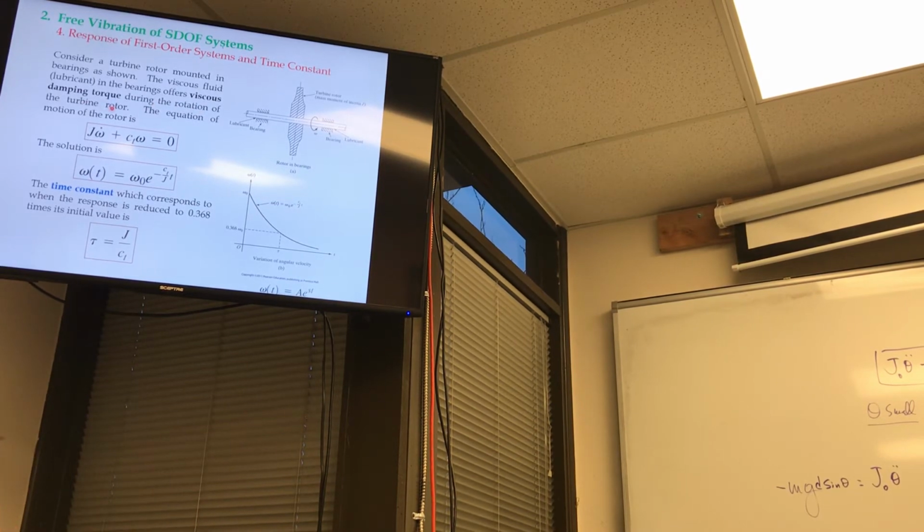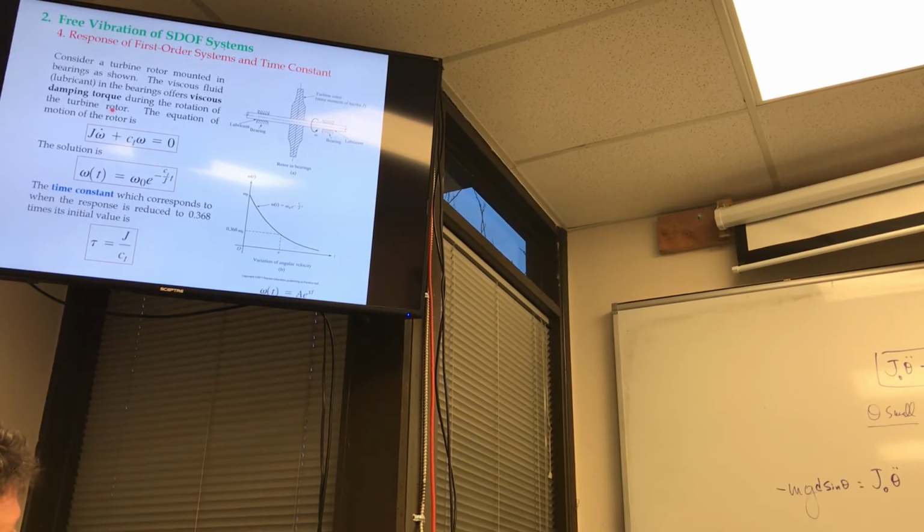Remember, viscous damping is one of the key ones. So the thing is rotating, but you've got some damping. What is the important information we know about viscous damping? It's related to velocity?